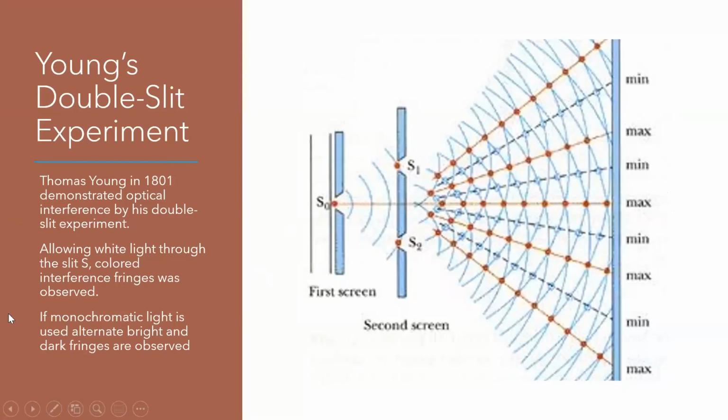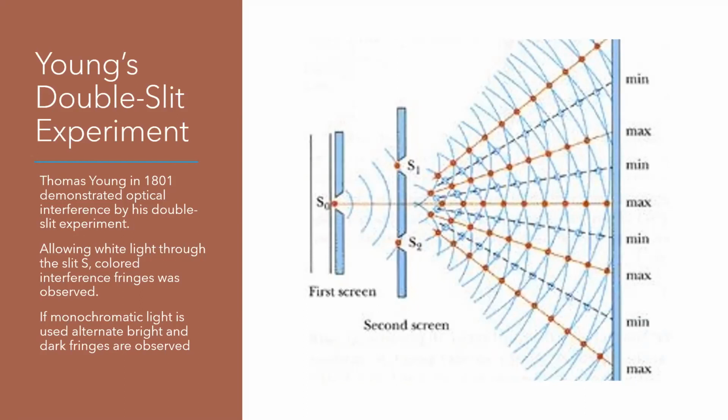Now, if instead monochromatic light is used, what is meant by monochromatic? Mono means one, chromatic means color. Single color means what?